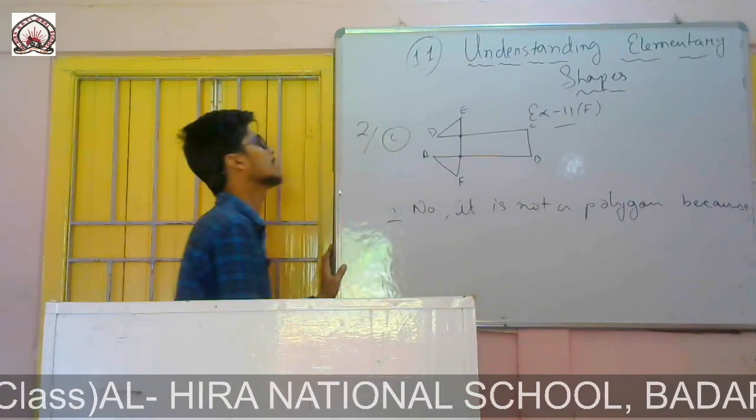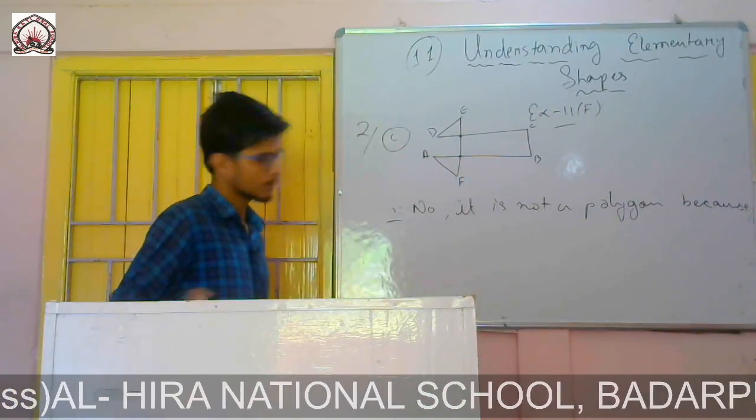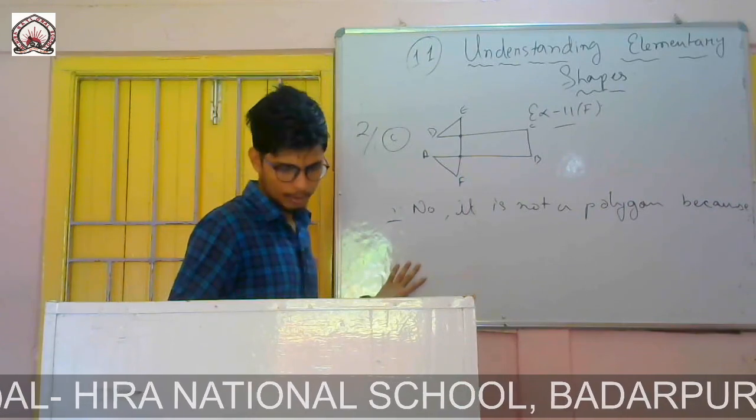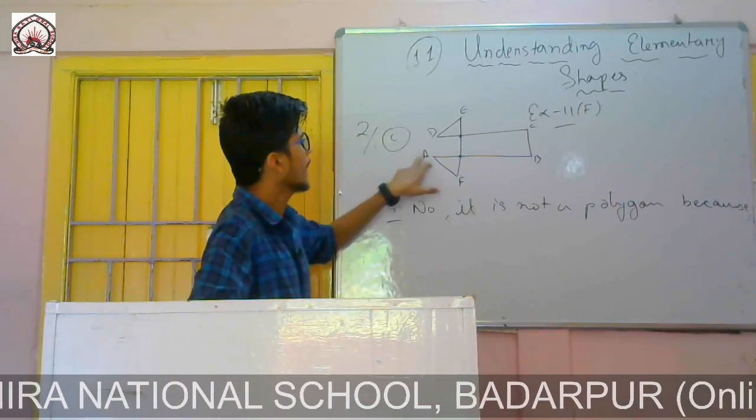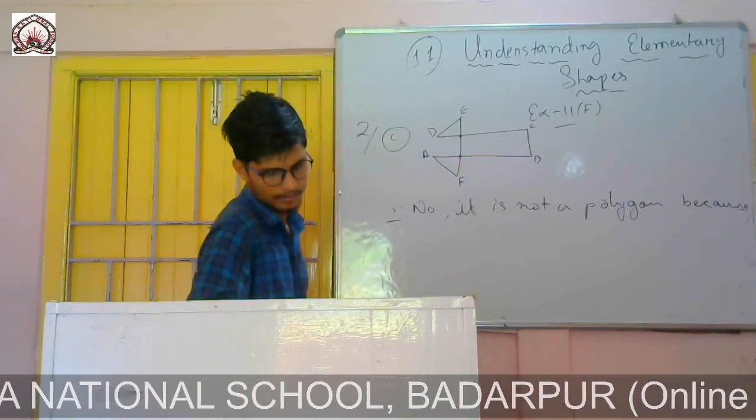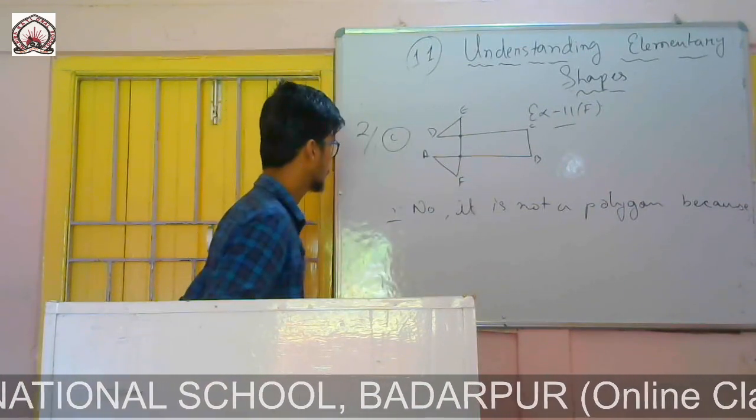Due to this reason, it will not be a polygon. So no, it is not a polygon because AB and EF intersect. Okay, you write.